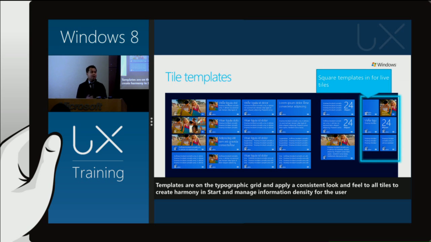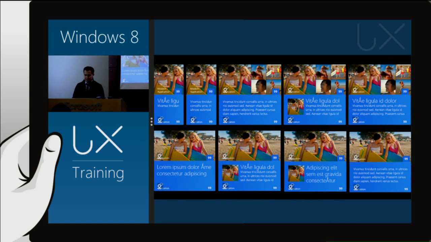And we also have size variation. We have square tile templates for you to use. And this is a representation of how you can use auto cycle and peek to show more information than just one update on your live tile. And I'll explain that in detail in just a moment.